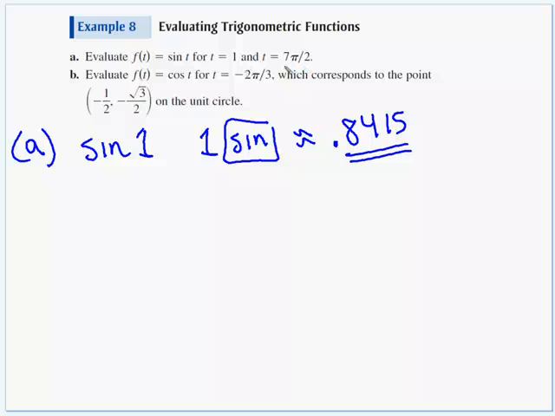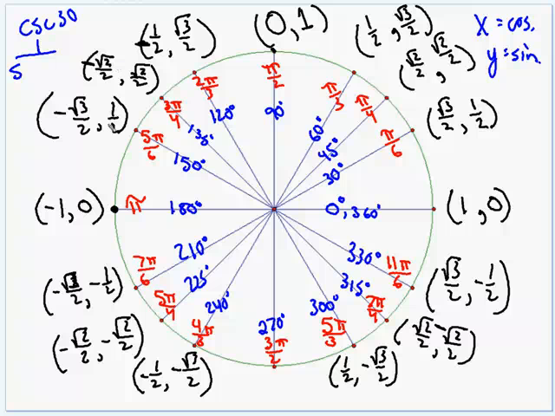The second part of that question, they want us to evaluate that for 7/2 pi. The sine of 7/2 pi, or I like to write it as a mixed number, the sine of 3.5 pi. This one we should be able to do on our unit circle. Well, a full lap around is 2 pi, and then another half circle would be 3 pi.